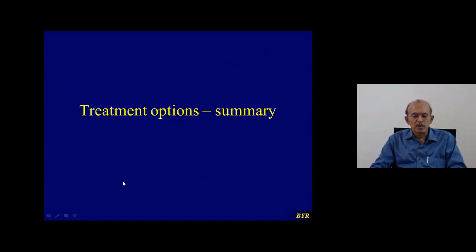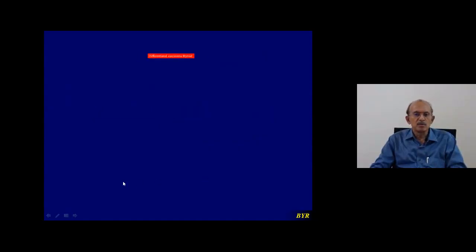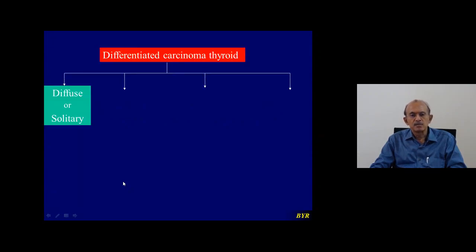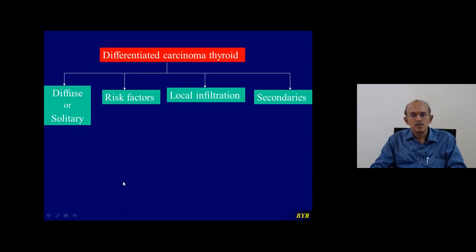I hope you are a little bit confused, so I will give a summary. Differentiated carcinoma of thyroid. There are 4 things to be considered. Is it diffuse or solitary lesion? Is it high risk or low risk disease? Is local infiltration present? Is secondary present? Diffuse, treatment is total thyroidectomy.